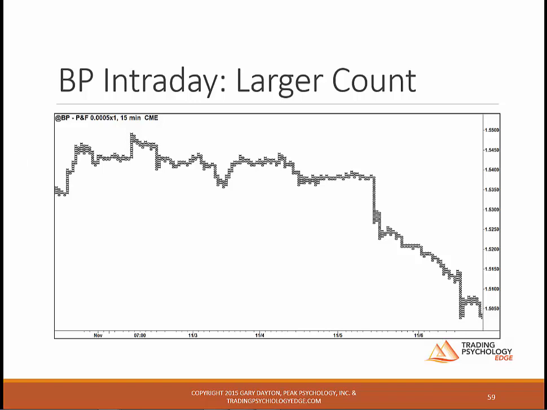Certainly saw a lot of 3-point figures. So how do they construct those? Well, you already know that a 1 box by 1 reversal creates a 1-point figure chart, right? So a 3-point figure chart is pretty much the same. It's a 1-point box size, but it requires a 3-point reversal. And that's a 3-point figure chart.